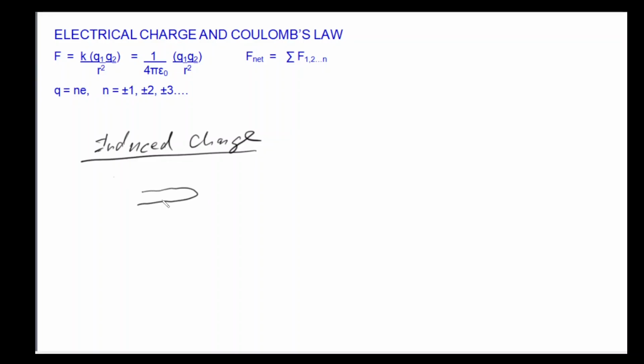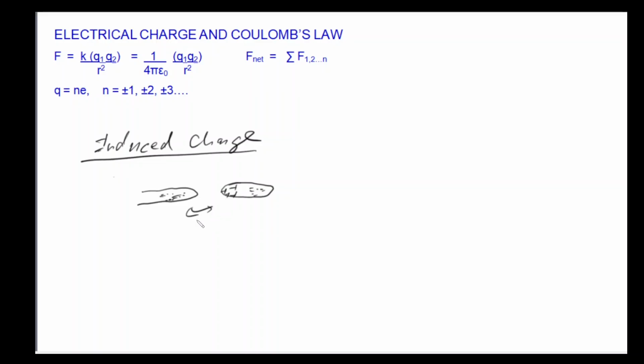So if I have a rod that has a bunch of negative charges on it, and I bring it closer to a neutral object, what will happen is it'll repel the electrons away so that the positive charges are left, and this will cause an attraction.